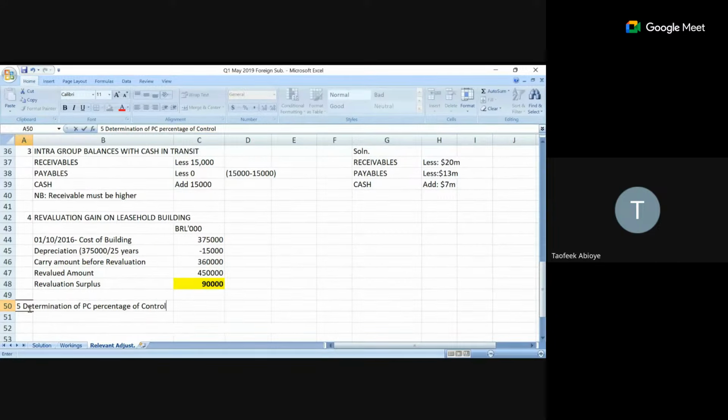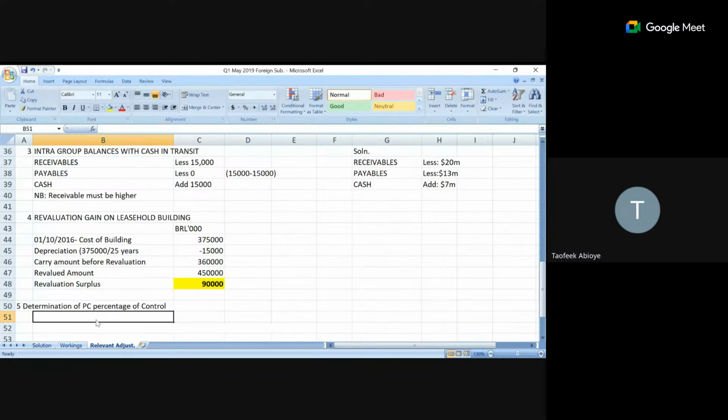Now let's go back to the balance sheet. At the beginning of the question, they gave us in the question. They said the parent company acquired how much? 960 million shares.